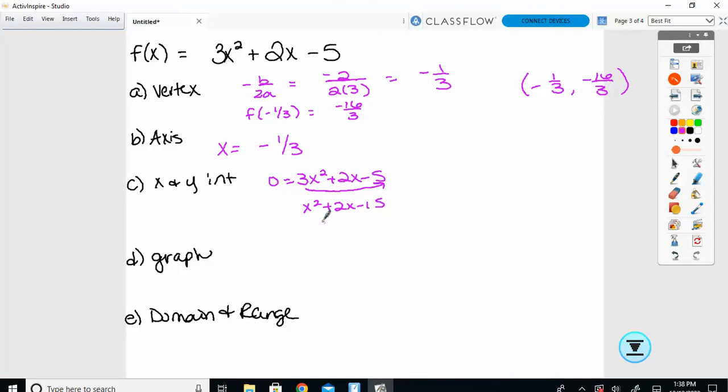Right? So that would factor into x plus 5, x minus 3. Then what do we have to do with those? So we get 3x plus 5 and x minus 1. So what are the x-intercepts if you set each of those equal to 0? Negative 5/3 and positive 1. Okay.